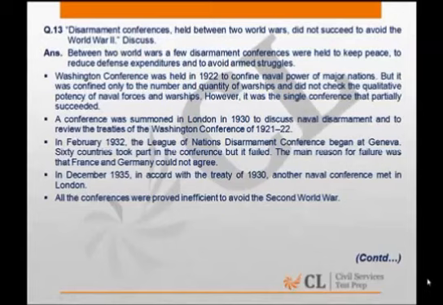So in a single line it can be said that the failure and lack of unanimity of these disarmament conferences was the cause for World War II.